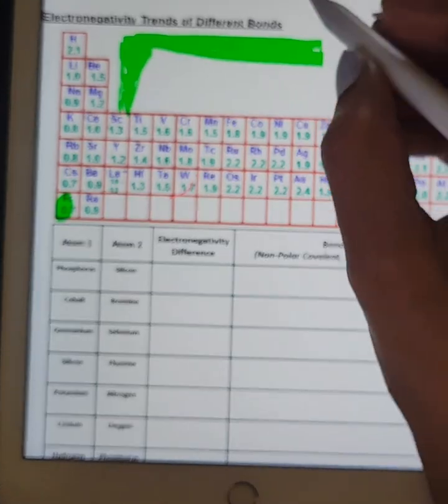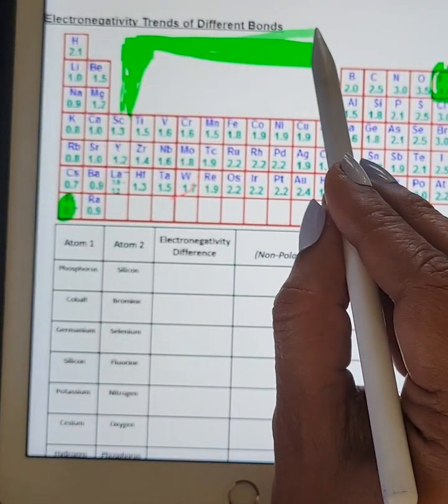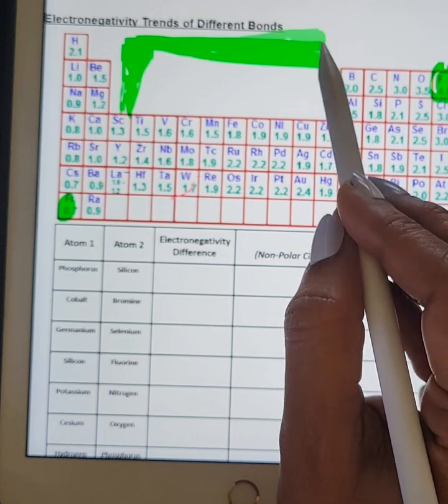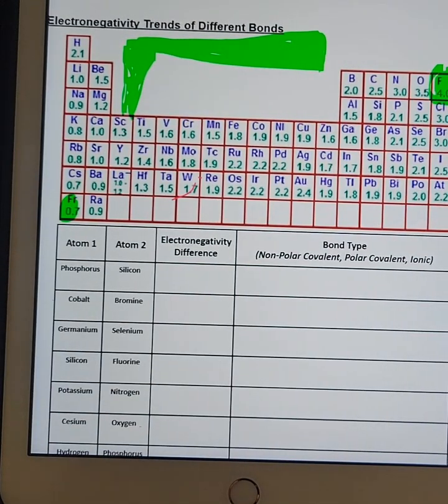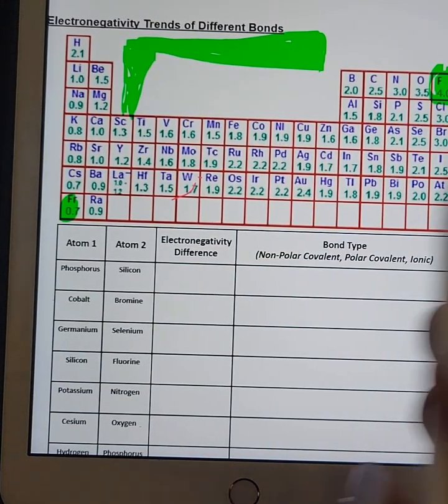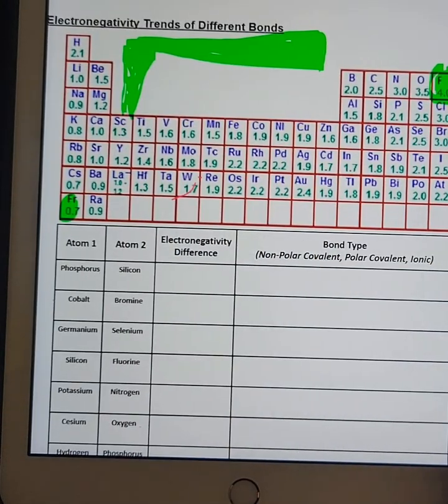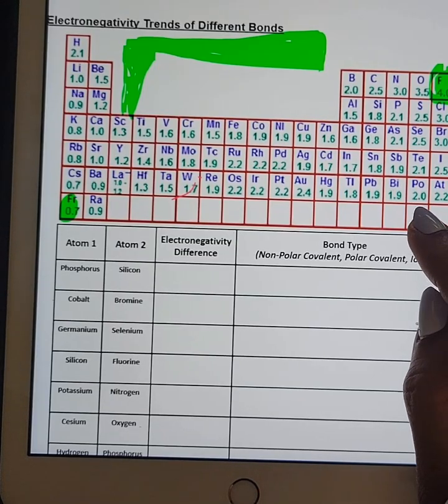So the highest value of electronegativity is in the top right corner, except for noble gases. Based on the electronegativity difference, we can say which atoms will form an ionic bond or a covalent bond.